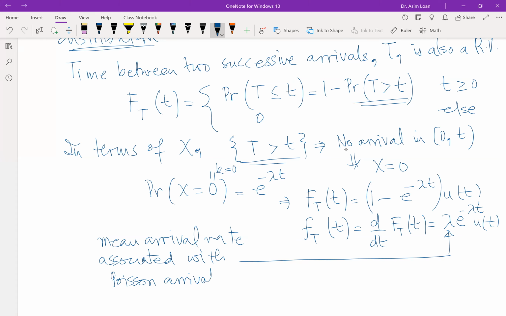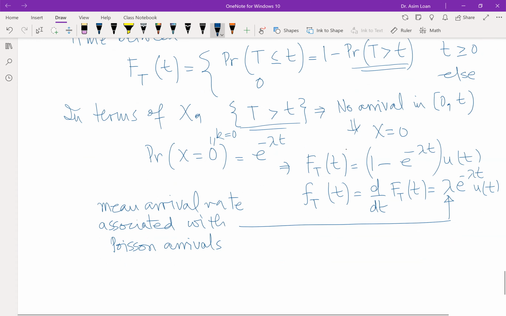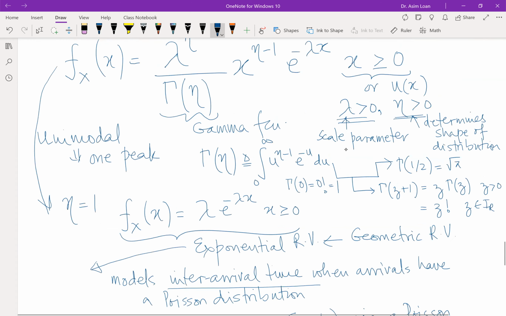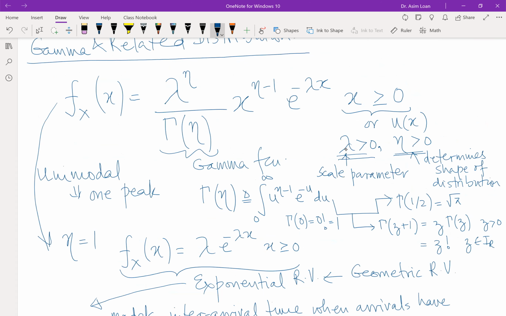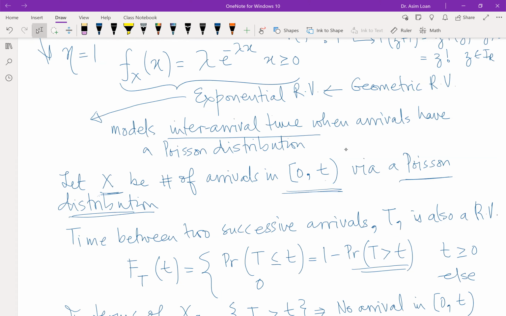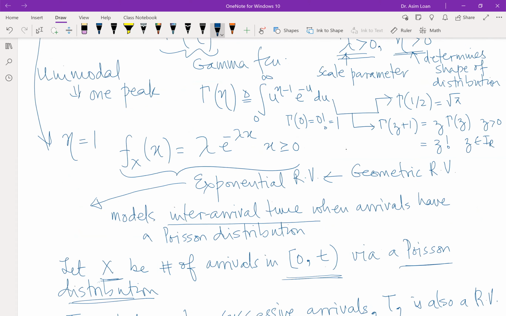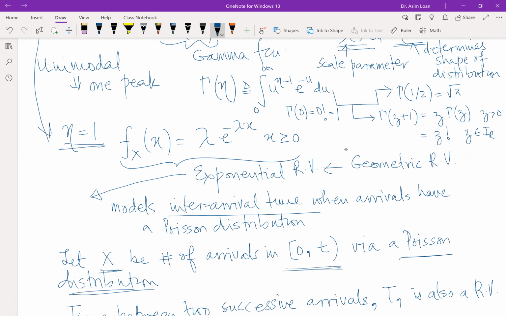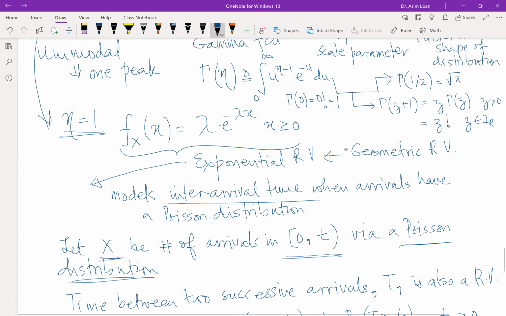Okay. So one of the gamma distribution family members is the exponential, and the second one is the chi-square.